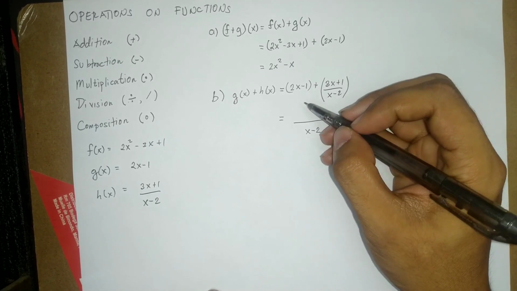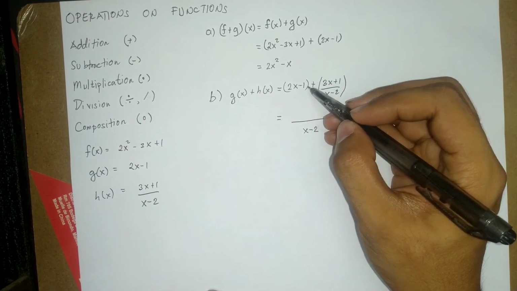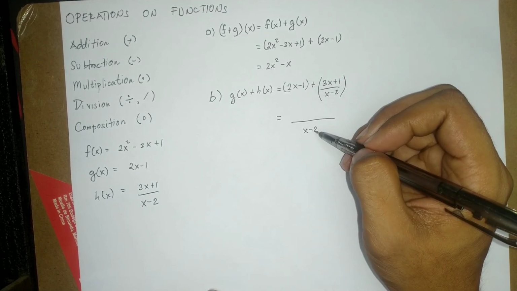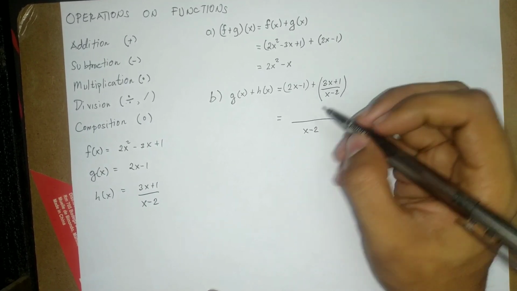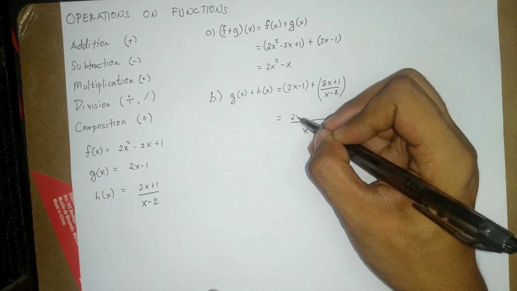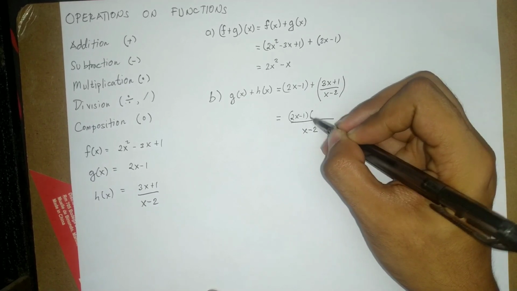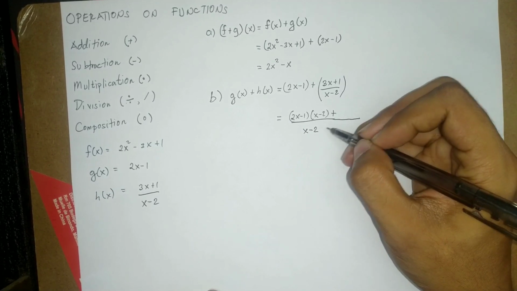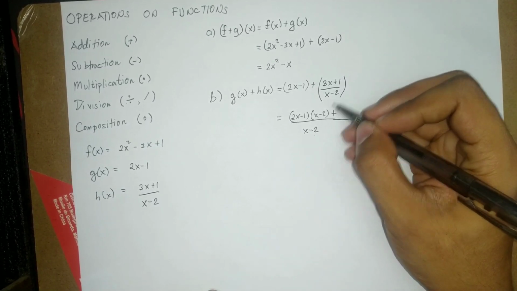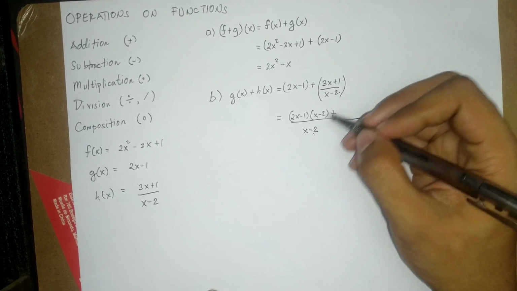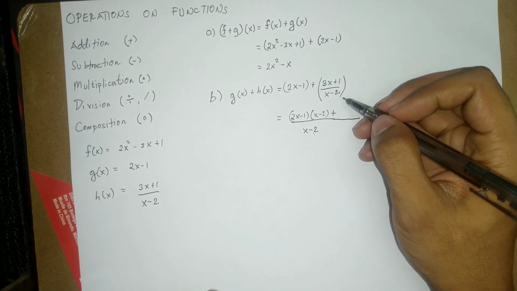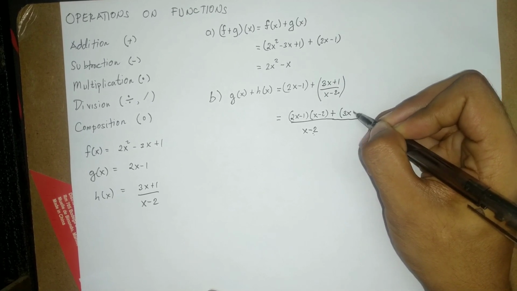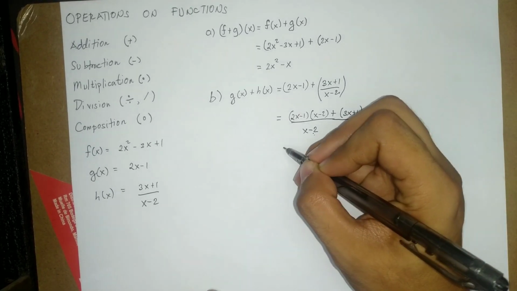So we divide it first with the denominator of 2x minus 1. In this case, the denominator is 1. So basically, we're just multiplying x minus 2 and 2x minus 1. Plus, of course, if we divide this, x minus 2 divided by x minus 2, you get 1. So multiply to 3x plus 1, that is simply 3x plus 1.